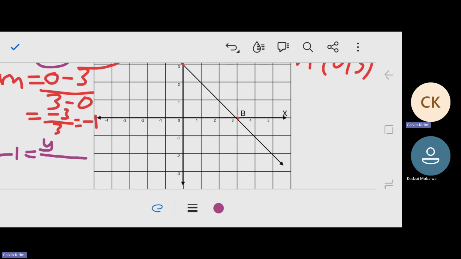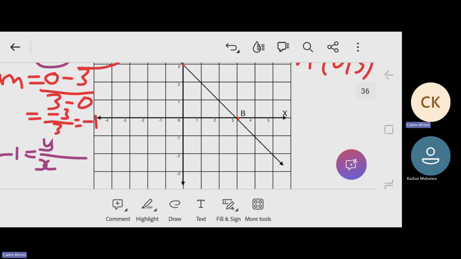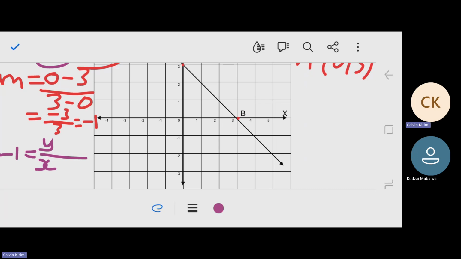Instead of writing x2, you are just writing x. And then the x1 and y1 are numbers, 3 and 0. Can you see? Yes, sir.